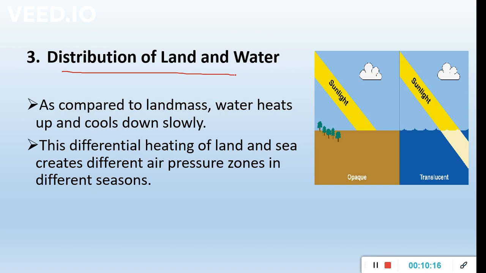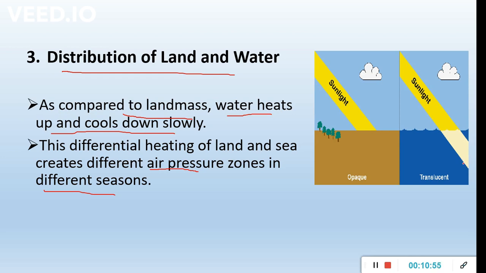अब आपको एक और चीज पता होनी चाहिए कि बच्चों, as compared to land mass, water heats up and cools down slowly. अब इस डिफरेंशियल हीटिंग के कारण क्या होता है, अलग अलग प्रेशर जोन्स, अलग अलग एयर प्रेशर जोन्स क्रिएट होते हैं अलग अलग सीजन्स में, और ये भी हमारे कंट्री के क्लाइमेट को डिटरमाइन करता है, इन्फ्लुएंस करता है. ये जो पिक्चर है इसमें आप क्या देख सकते हैं कि पानी की डेप्थ ज्यादा होती है, इस कारण से इसको गर्म होने में, हीट अप होने में और ठंडा होने में, कूल डाउन होने में टाइम लगता है.